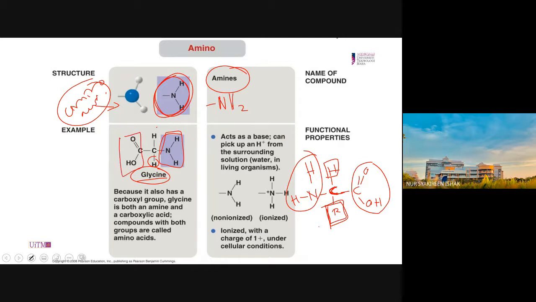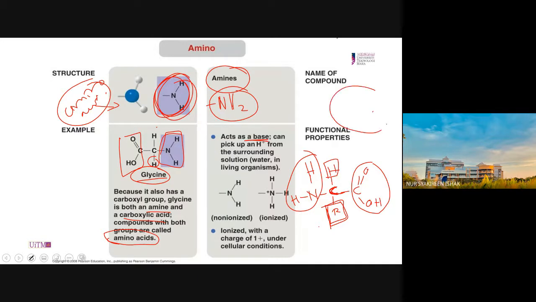So glycine is both an amine and a carboxylic acid compound, and compounds with both groups are called amino acids. Because it has NH2 in the structure, it acts as a base. It can pick up hydrogen ion from the surrounding solution, such as water in living organisms.